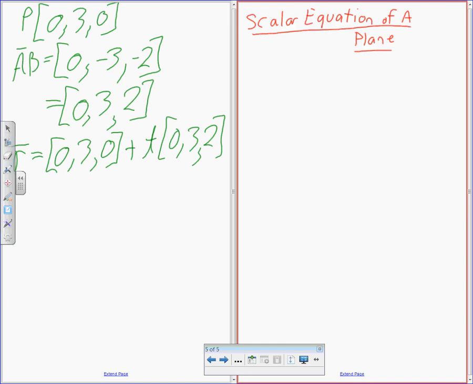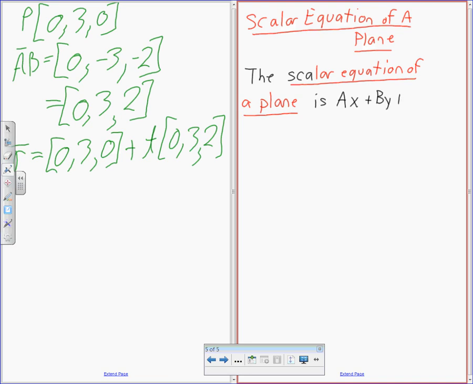So we're going to say the scalar equation of a plane is AX plus BY plus CZ plus D equals 0, where the normal vector equals ABC.